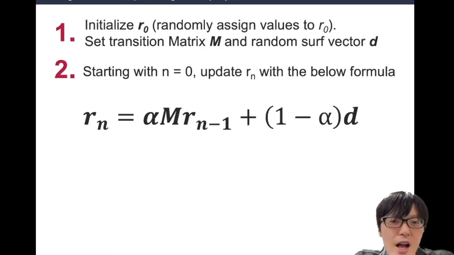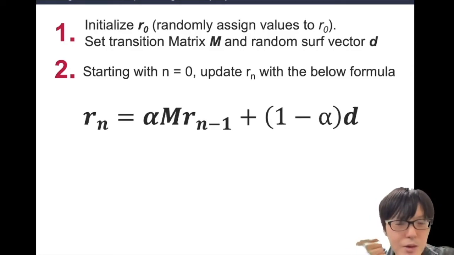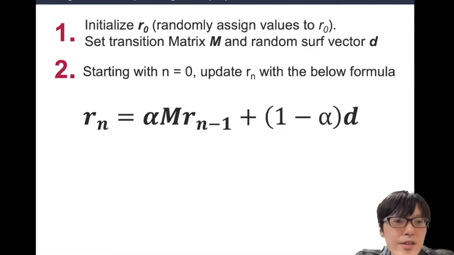At first, we initialize the vector R0, matrix M, and vector D. Vector R0 is the probability of the user to stay on each node before starting transition. Matrix M is here the transition matrix, and the vector D is a random surfer vector.